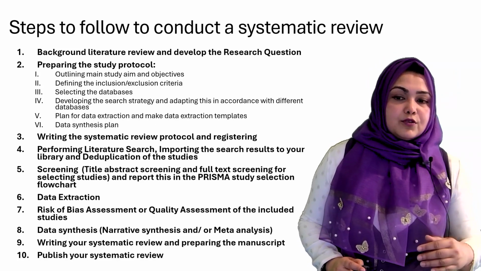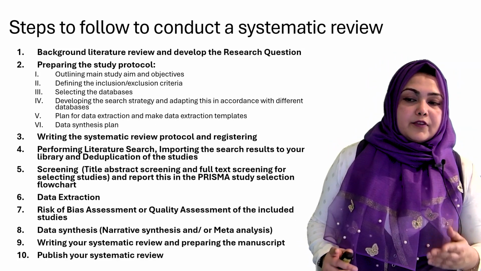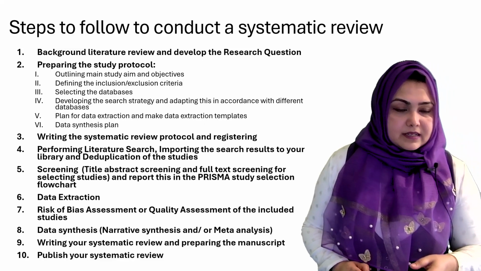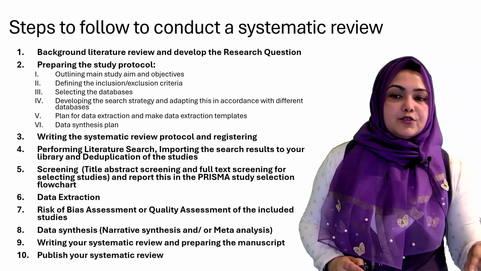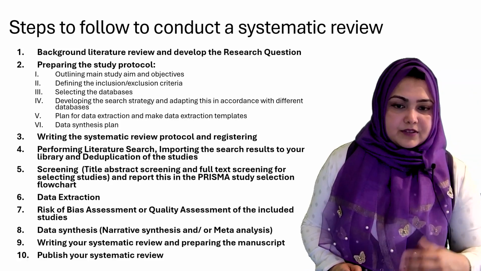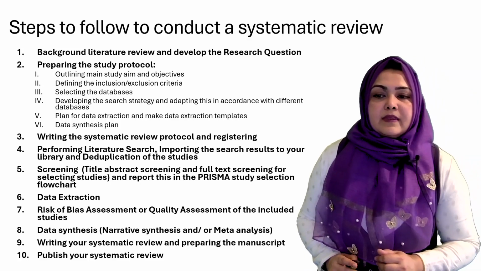There are different tools for conducting the risk of bias assessment, and based on the study design, you need to select the appropriate tool for risk of bias assessment of your included studies.